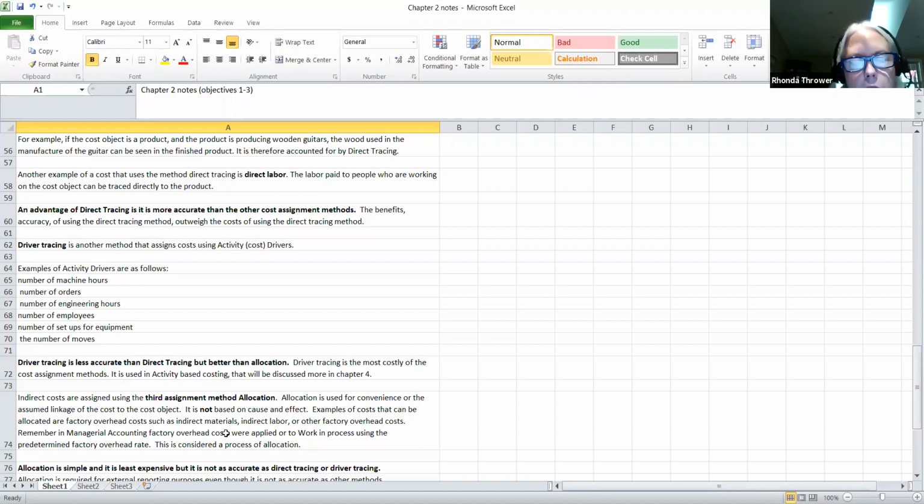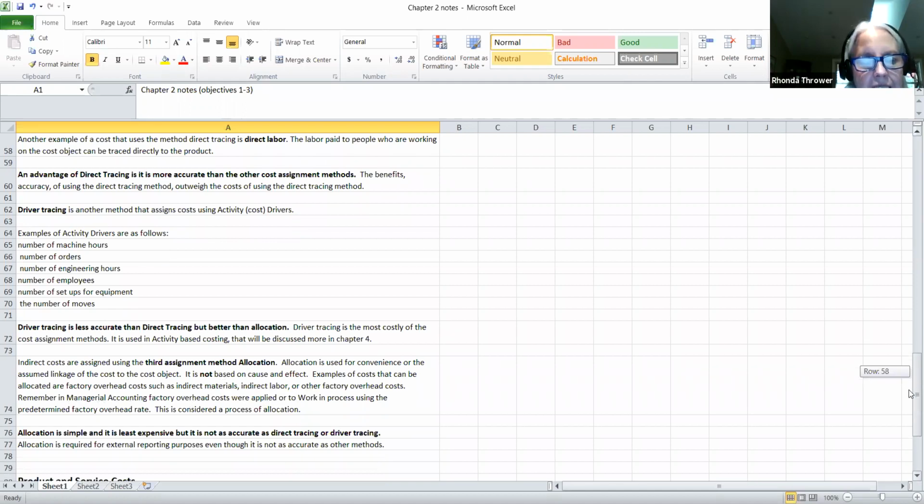And the factory overhead was allocated based on a formula that we used to do that. Examples of costs that can be allocated are factory overhead costs, such as indirect materials, indirect labor, or other factory overhead costs. We did some of this in managerial accounting, and we will be reviewing that again.